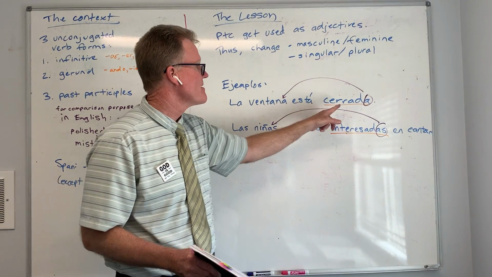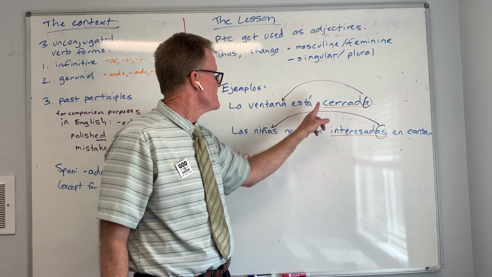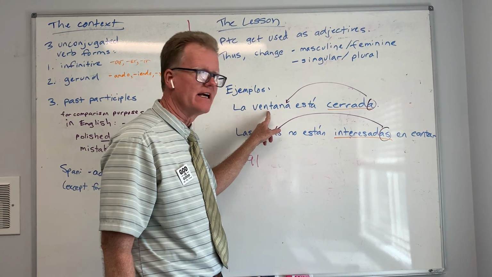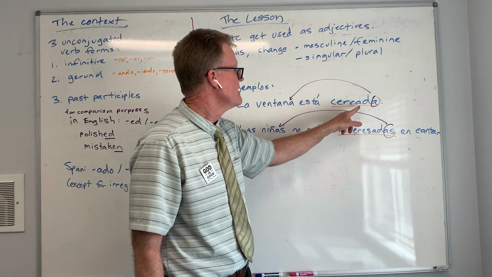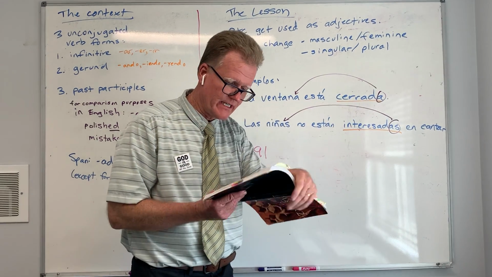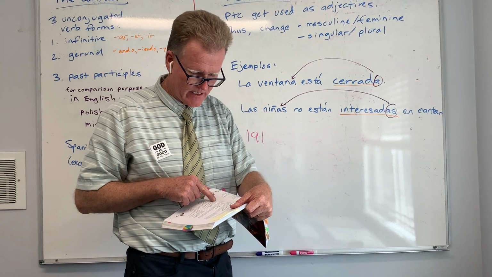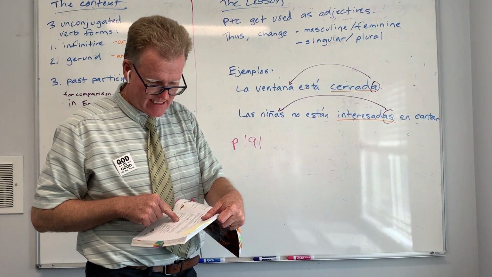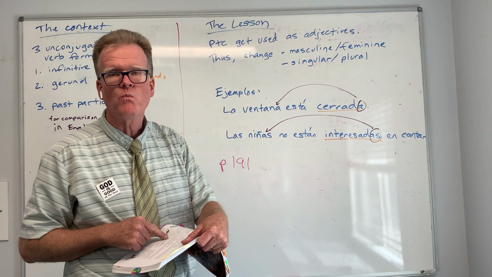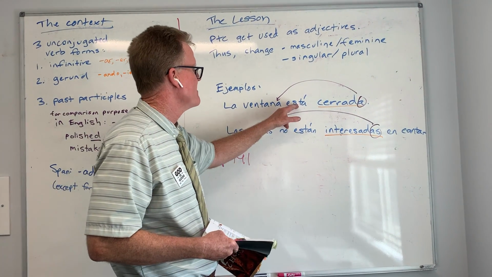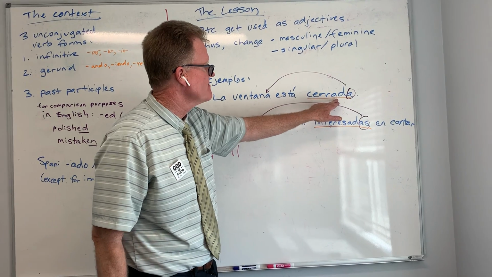You remember the verb cerrar means to close. So this means the window, ventana, is closed, cerrada. I'm seeing that I copied it wrong. The book says "la ventana estaba cerrada." That means the window was closed. So I just made it present tense. Cerrada is my participle.